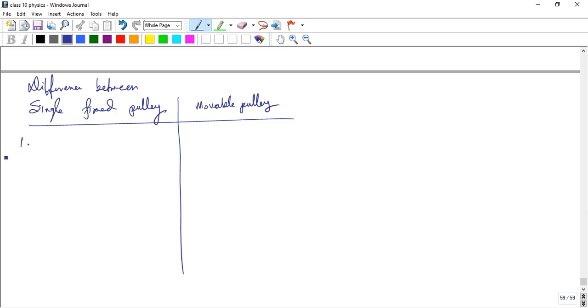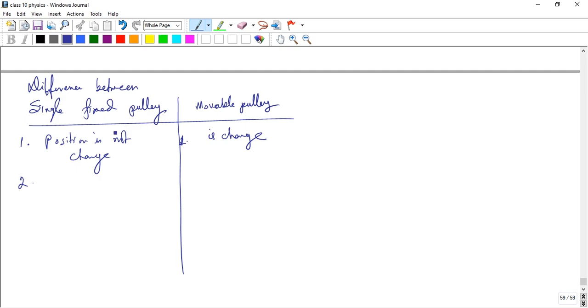A single fixed pulley is on a fixed support, its position is not changed. For the single movable pulley, the position is changed. Number two.